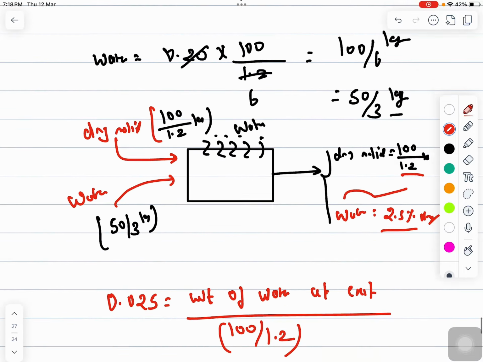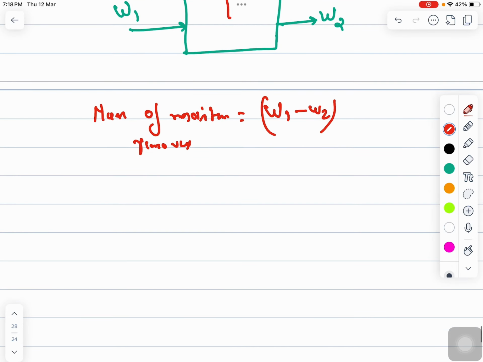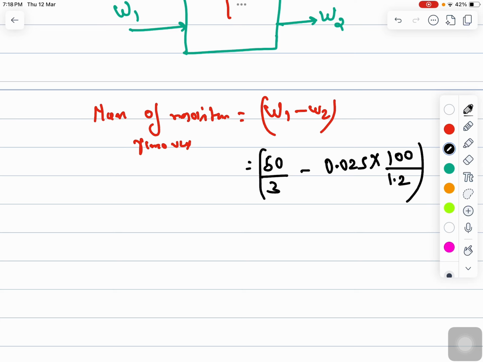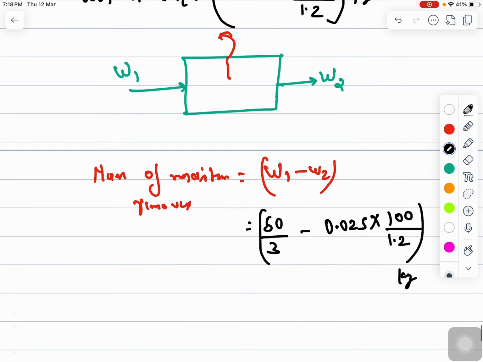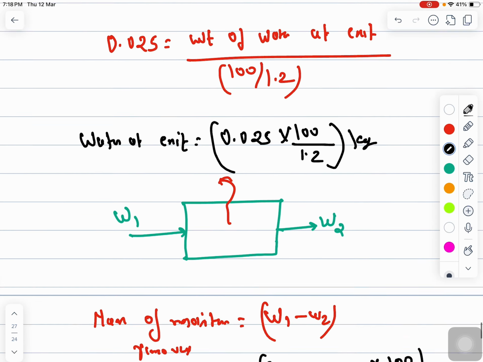What is W1? That is your 50 by 3. So the moisture removed is 50 by 3 minus 0.025 into 100 by 1.2 kg. Is that clear? So this is something that you can calculate.